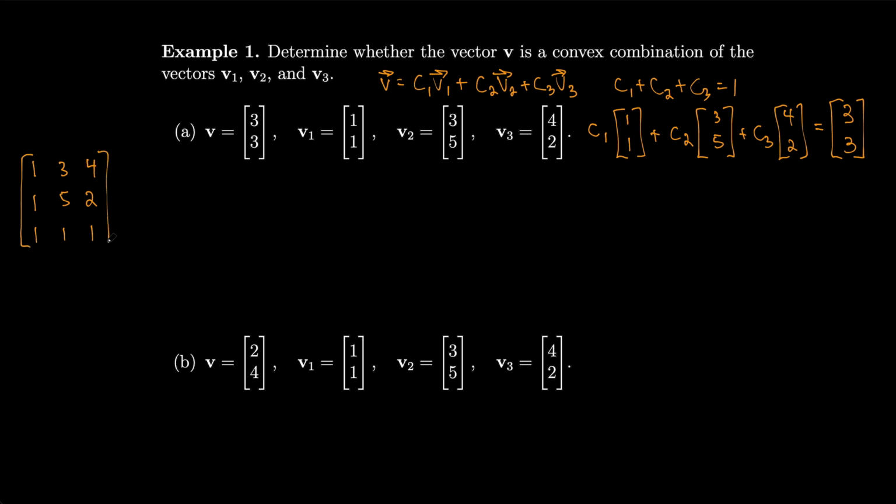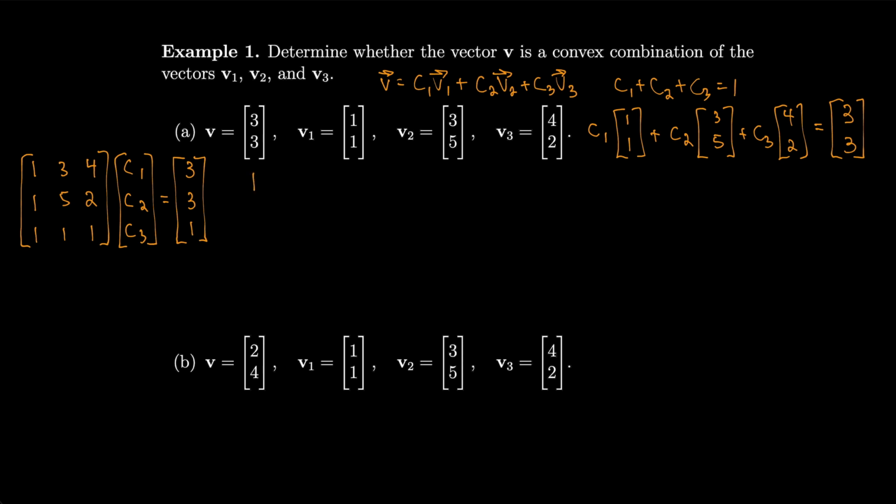So I'll multiply that by c1, c2, c3, and set it equal to 3, 3, 1. This way I have a three-dimensional way to write it.